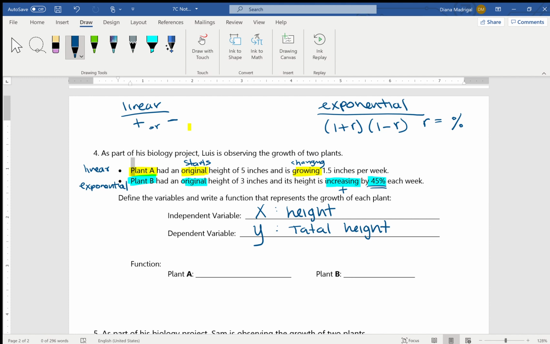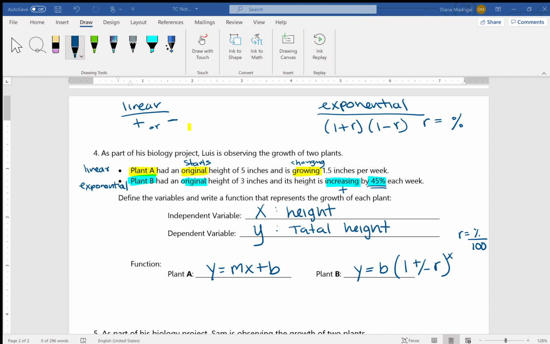I just told you that plant A is linear. Don't forget that linear is y equals mx plus b. Exponentials are y equals b, and then remember 1 plus or minus r, and don't forget that r is a percentage number divided by 100. So plant A, again, is the linear.